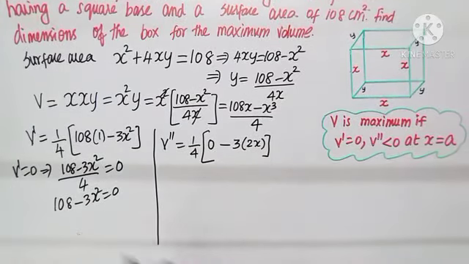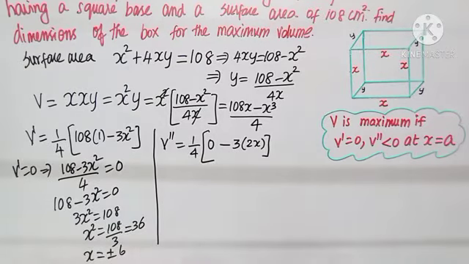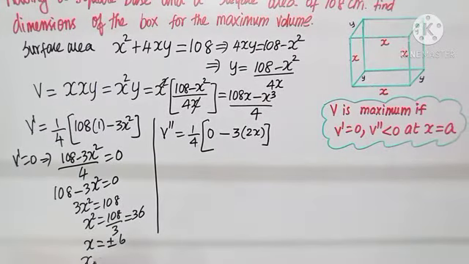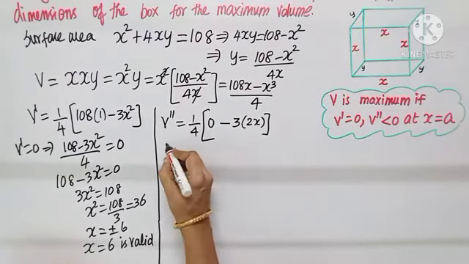3x square equals 108. X square equals 108 by 3, that is 36. X is equal to plus or minus 6. Being the length, x is equal to 6 is valid. Put this x value in V double dash.